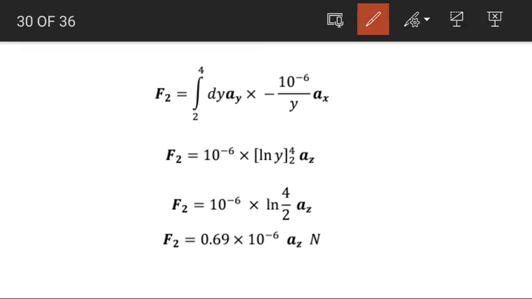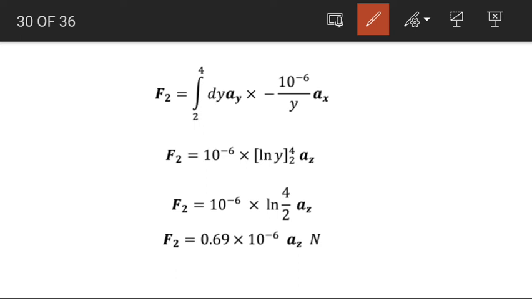F2 will be equal to the integration of dy ay cross b, and b is minus 10 raised to power minus 6 by y ax. The only variable on the right hand side of F2 is y, and y is changing from 2 to 4.